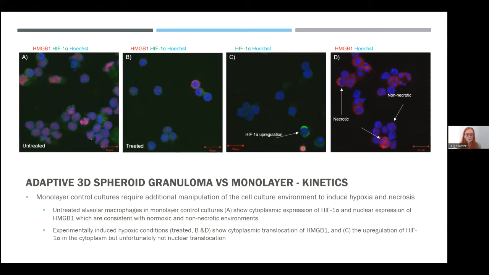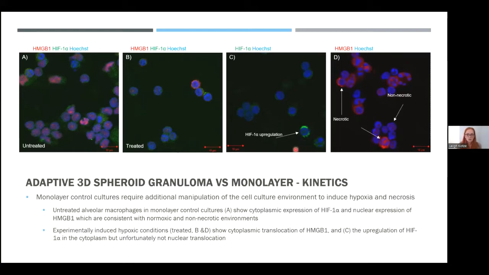HIF1 alpha basically acts in the opposite mechanism to HMGB1, where it is constitutively expressed in the cytoplasm and then translocates to the nucleus upon hypoxia. So even though we saw an upregulation, there was no nuclear translocation, which speaks to the sensitivity of this marker in culture conditions.